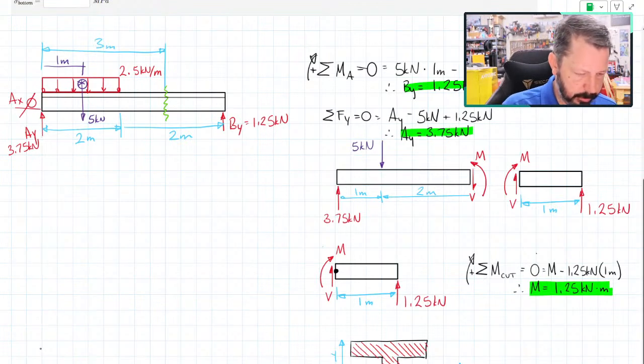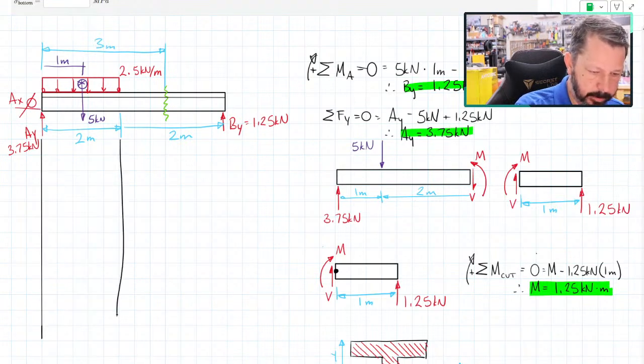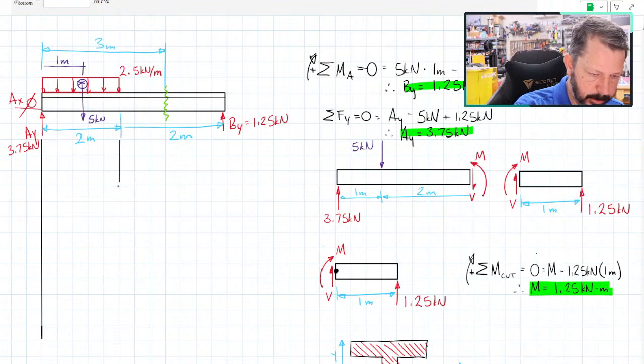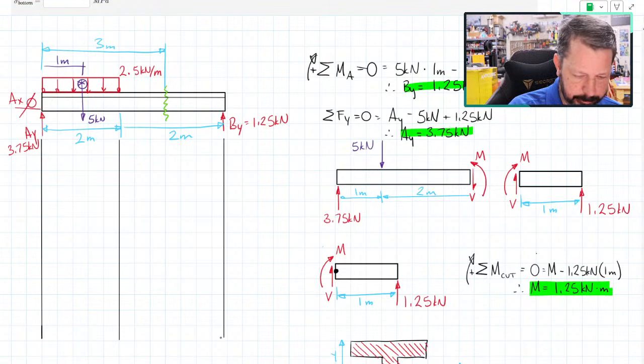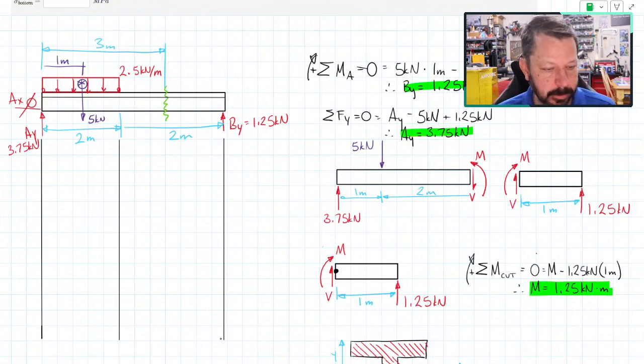I'll draw my little guidelines here. Oh, shift first and then draw. Okay, there we go. So there's some guidelines. There's only the two ends and the end of the distributed load.